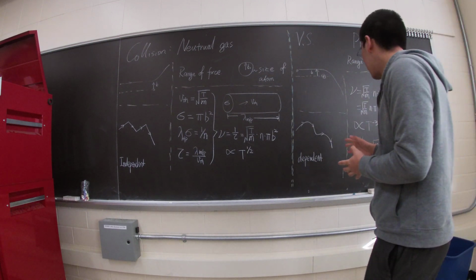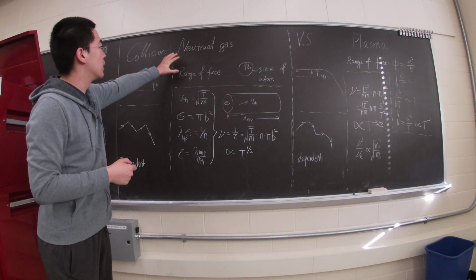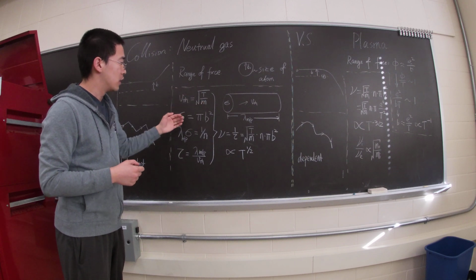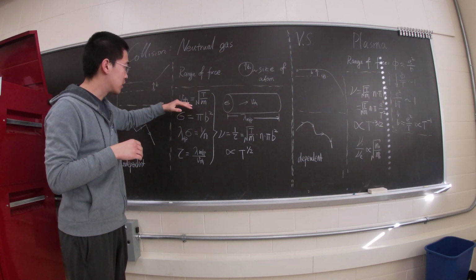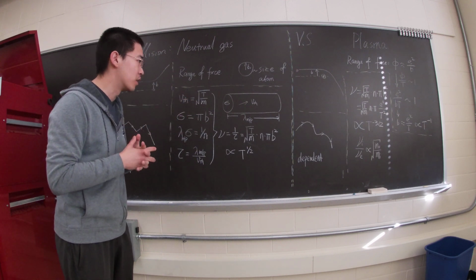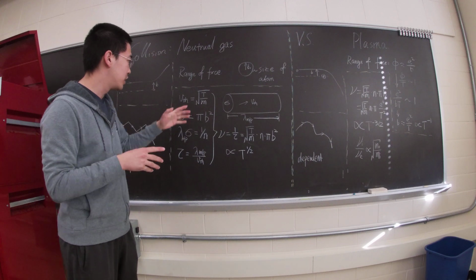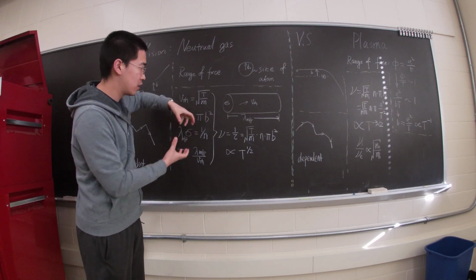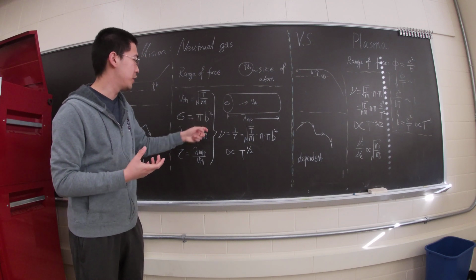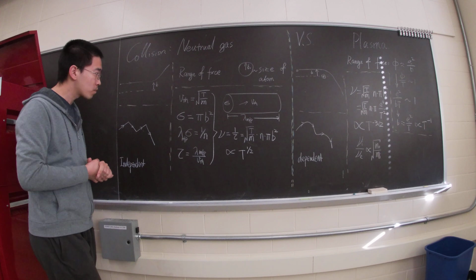So let's calculate the collision frequency, which is the interesting part. Let's try to review the collision theory. First things first, we know the thermal velocity is square root of T over m, and the cross section, the disk, of course, will be pi b squared, basically the circle with a radius of b.